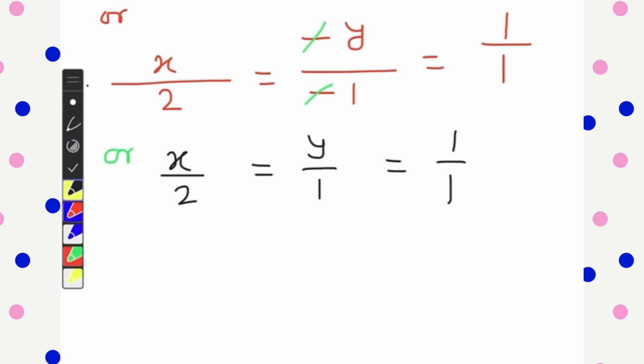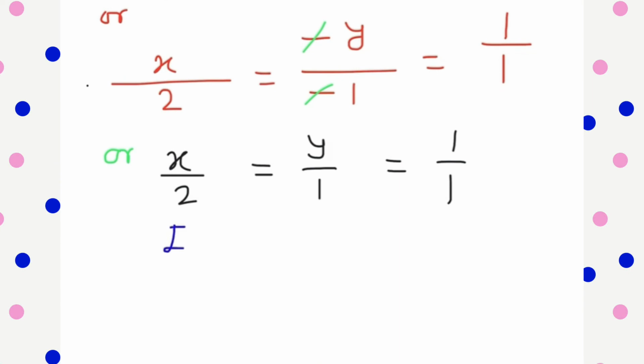So dear, you mark the parts: this is the first part, this is the second part, this is the third part. So what to do? You will take the first part and the third part simultaneously. You have to take the third part every time, first part and third part. So what you will get?